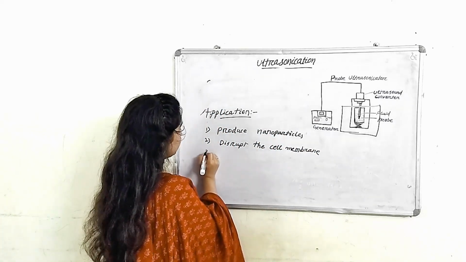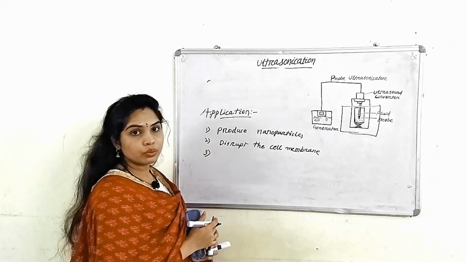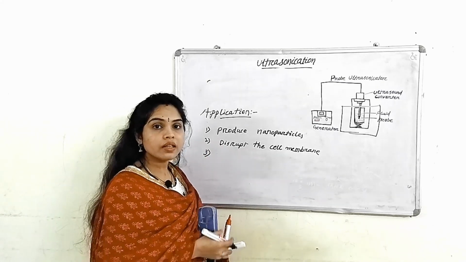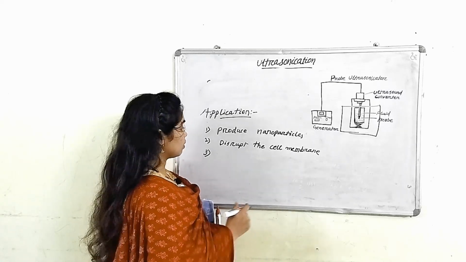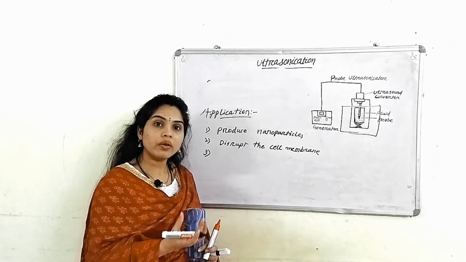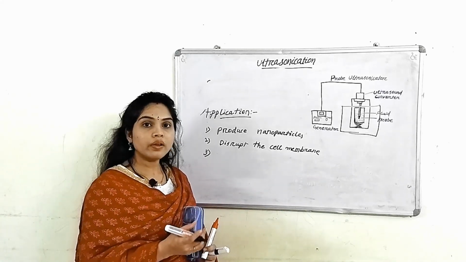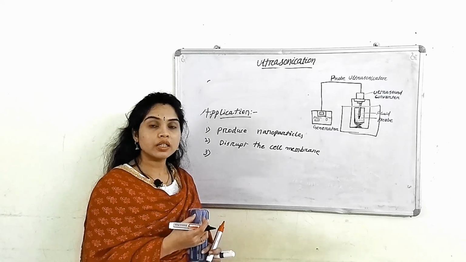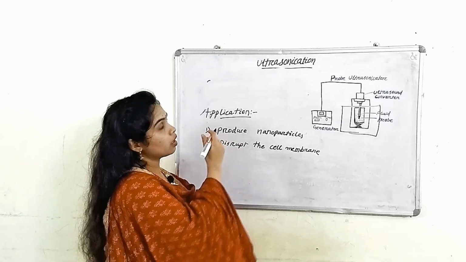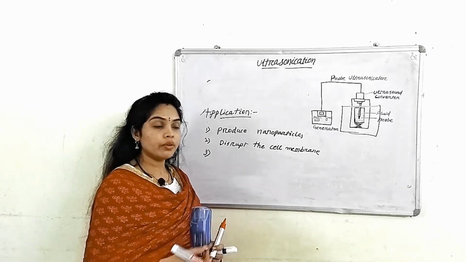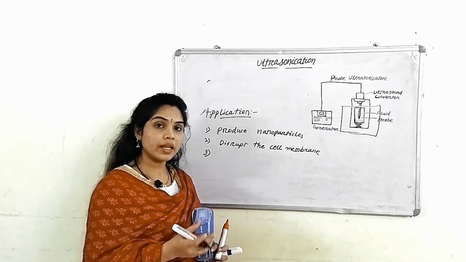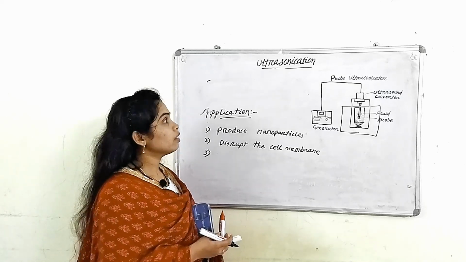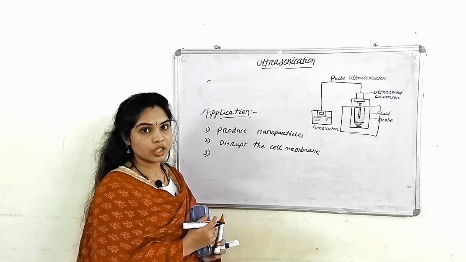Number 3, to increase the dissolution, meaning if we are taking some oil and water, oil floats on water, so to mix the water with oil we are using ultrasonication, or if we want to mix oil or any other sample with water, then we are using ultrasonication.